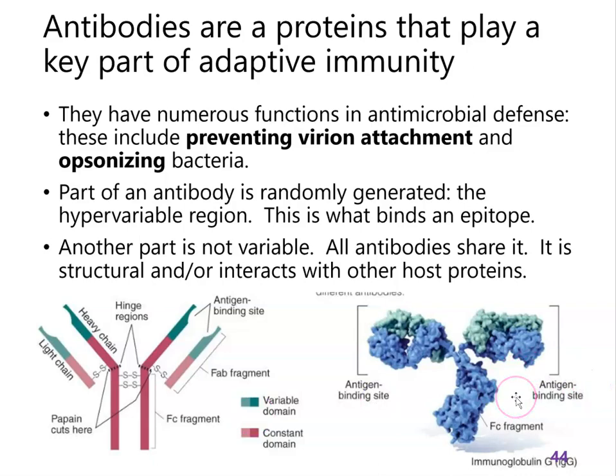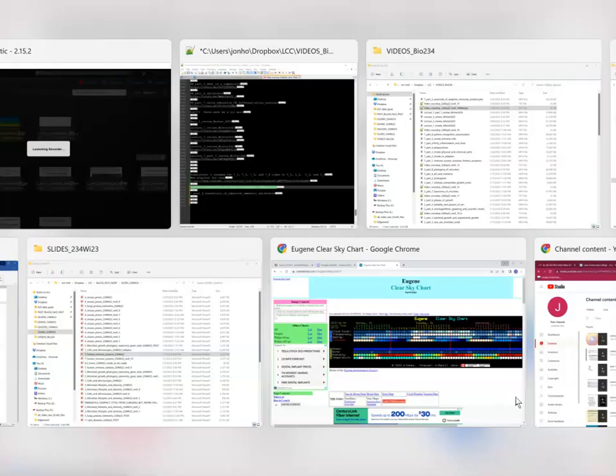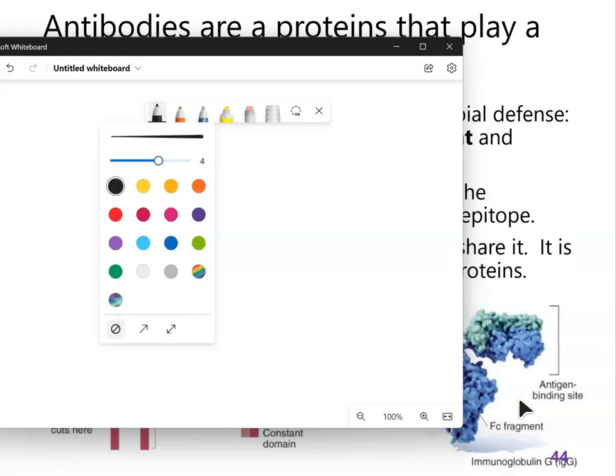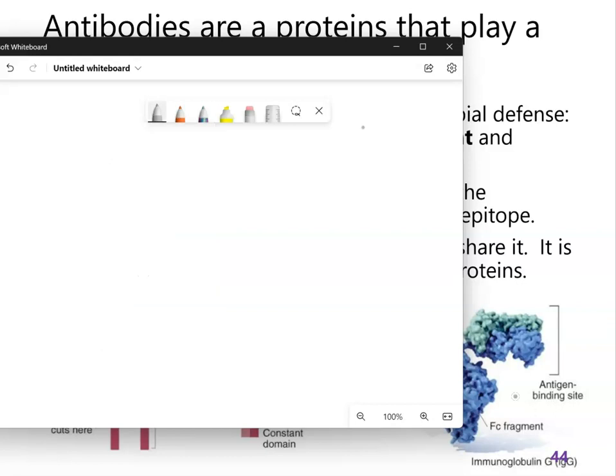So let's draw an antibody, because it just doesn't work to show you all a picture in a video. I'm going to draw a conceptual diagram of an antibody. So it starts with two identical proteins.